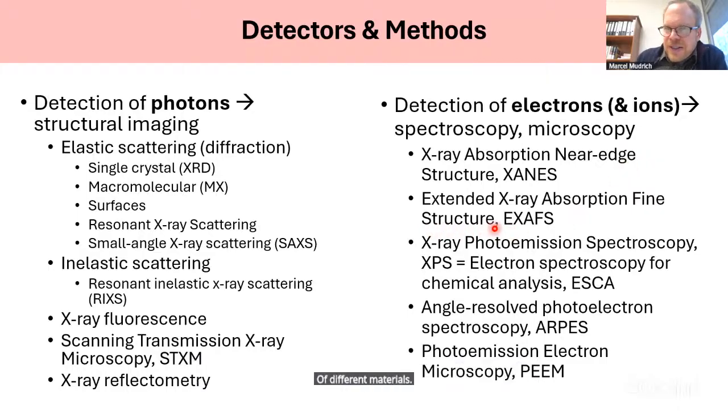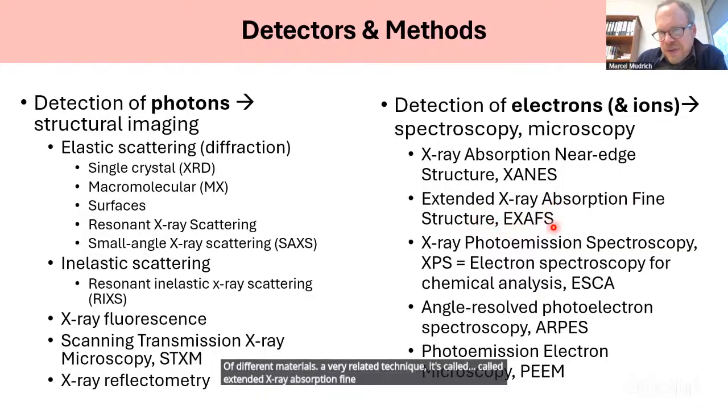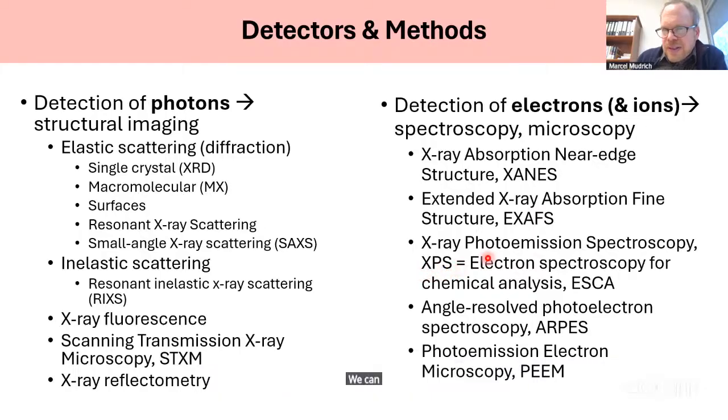A very related technique is called extended X-ray absorption fine structure, EXAFS. This is about the fine structure. We can just measure the energy of photo-emitted electrons, which is the topic of XPS, X-ray photoelectron spectroscopy, and that actually is synonymous with ESCA.